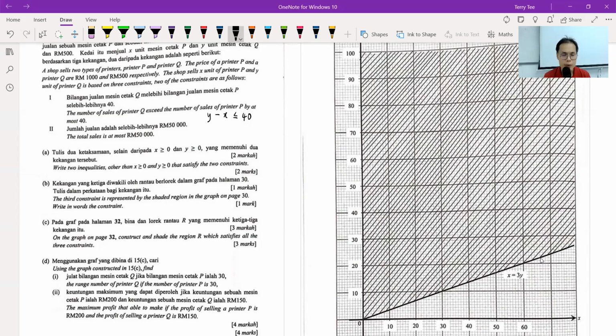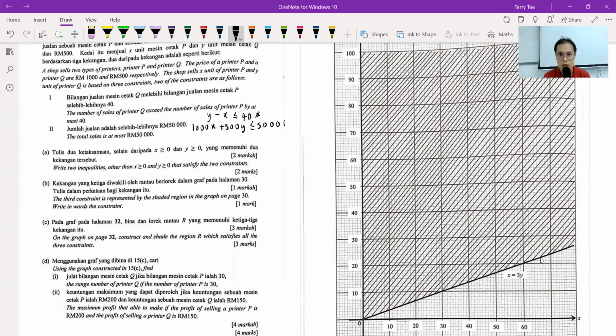Okay, so next one, total sales is at most 50,000. Printer x costs, sorry, printer x is 1,000, not 500. Printer y is 500. Total cost must be at most 50,000.